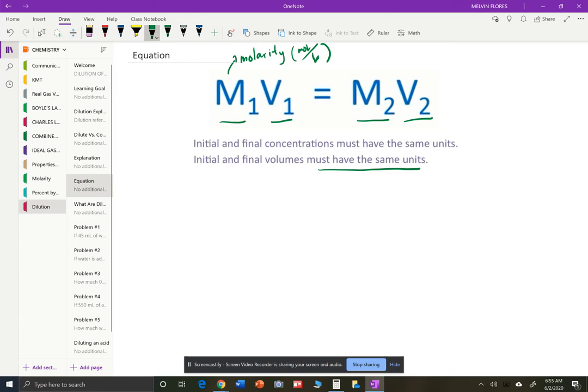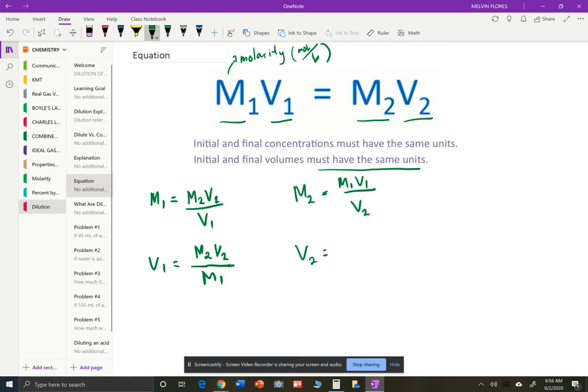So let's say, for example, you're looking for the initial concentration, which is M1. M1 is equal to M2 V2 over V1. The initial volume, V1, is M2 V2 divided by M1. If you're looking for the final concentration, you have M1 V1 over V2.